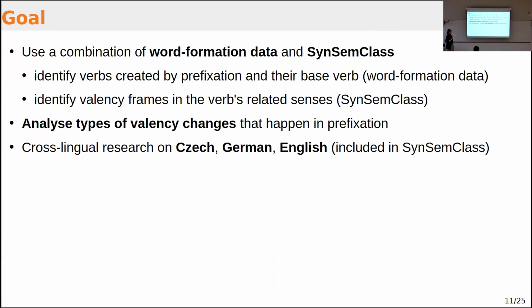And then, using SynSemClass, we can identify the valency frames that are related to the verb's individual senses, and also somehow try to overcome the differences between the valency descriptions in the lexicons for the individual languages. Once we have that, we can analyze the types of valency changes that happen in prefixation and compare them cross-linguistically for the 3 languages that are included in SynSemClass: Czech, German, and English.